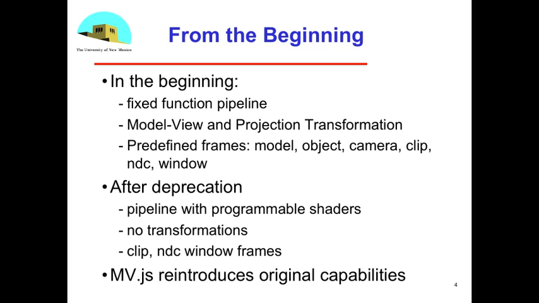Okay, so going back to the original days of OpenGL, when we had just the fixed function pipeline, it defined a sequence of frames that were built into the system, namely that you started with the model frame and then you took models into an object frame. Often they were the same. Then you went from the object frame to what the camera saw, that was camera coordinates.